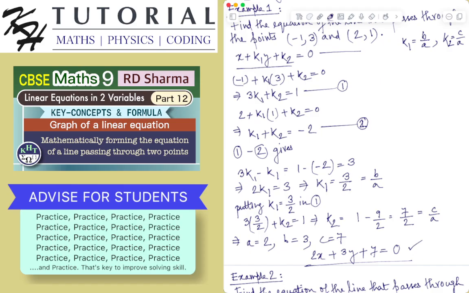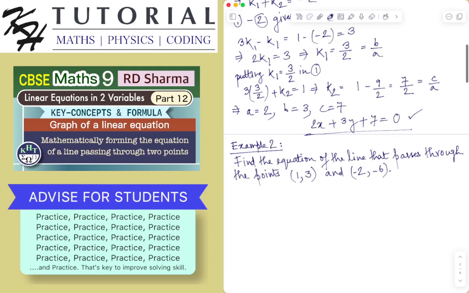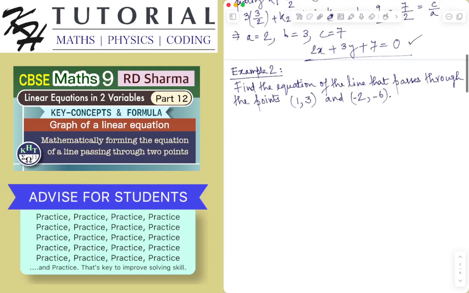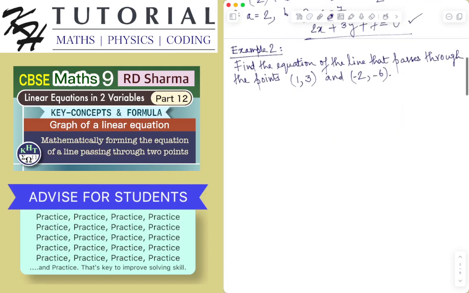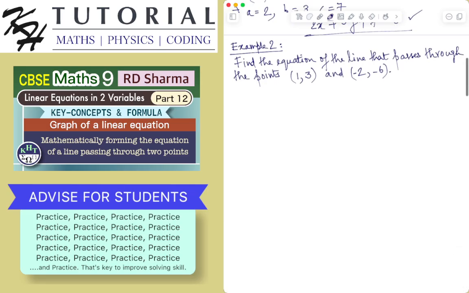Okay, let's see another example. Find the equation of the line that passes through the points 1 comma 3 and minus 2 comma minus 6.